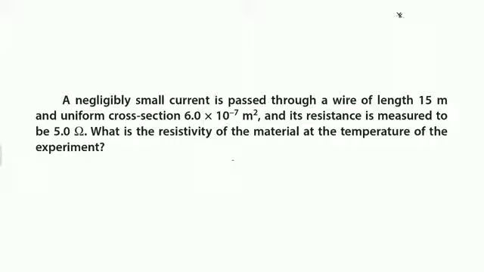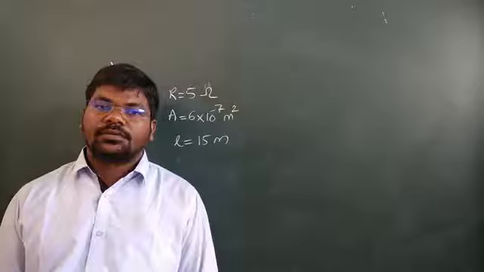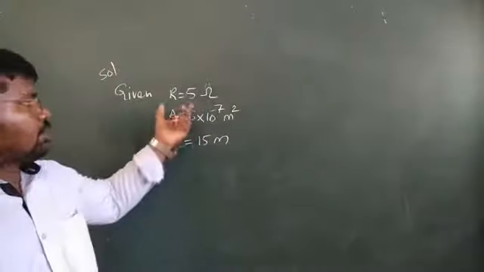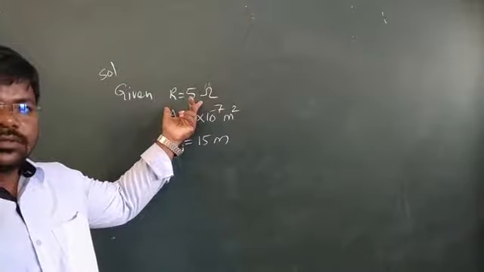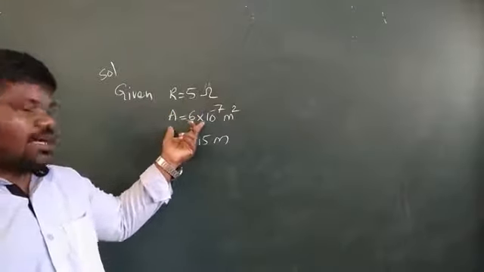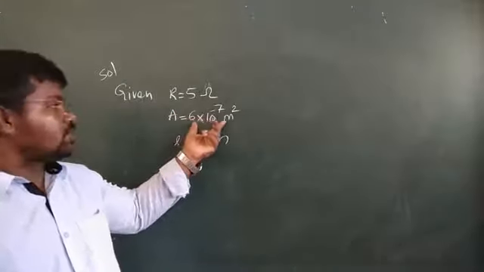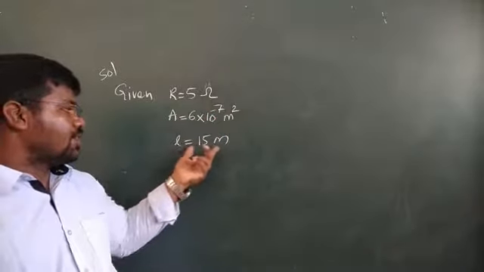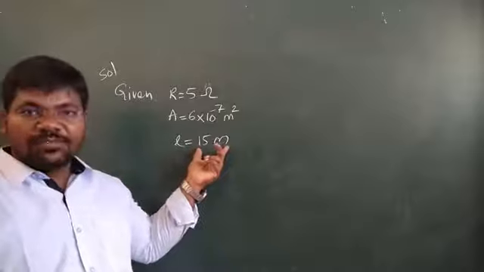What is the resistivity of the material at the temperature of the experiment? From the problem, the given resistance is 5 ohms, area 6 into 10 power minus 7 meter square, and length of the conductor 15 meters.